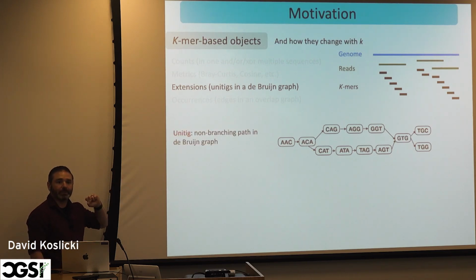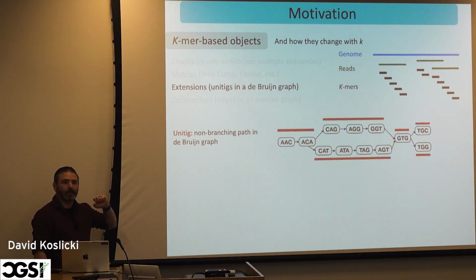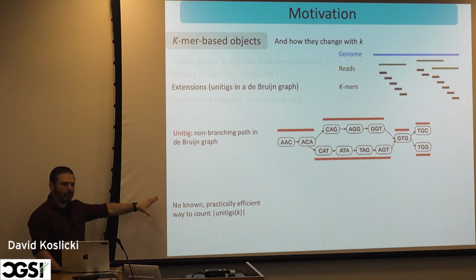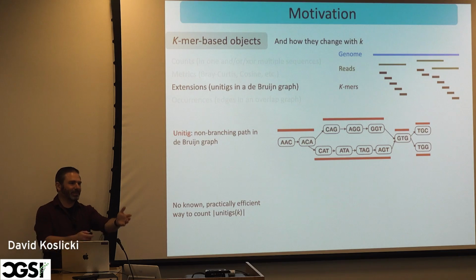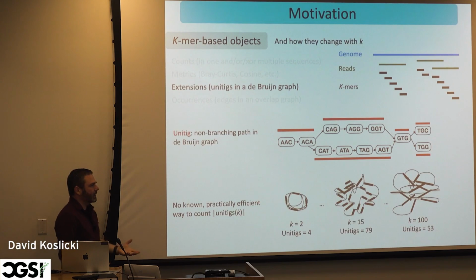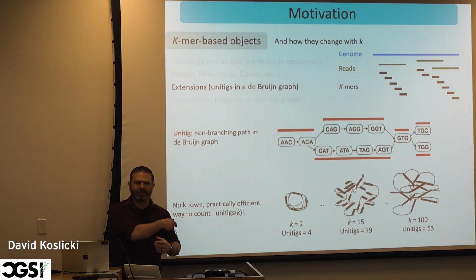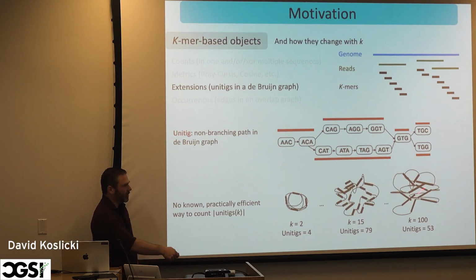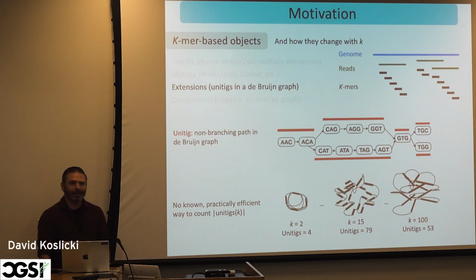These are non-branching paths of one of these de Bruijn graphs, highlighted here in red. As far as I know, there's no known practically efficient way to count the number of distinct unitigs as a function of k. Basically, you can, let me see, look at Ryan, see if he's nodding in agreement. Okay, cool. So if you wanted to get at the problem of what's the right k I should use for my assembly problem, you might have to just exhaustively run through them all. Compute a de Bruijn graph, look at the unitigs, compute the de Bruijn graph, count the unitigs, et cetera, et cetera. That's going to be rather annoying.